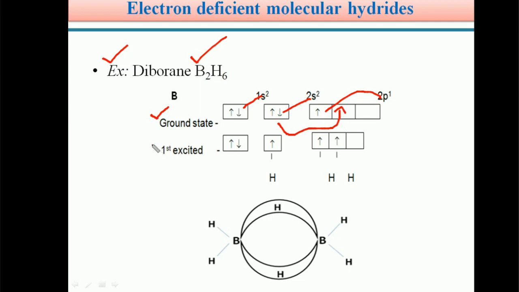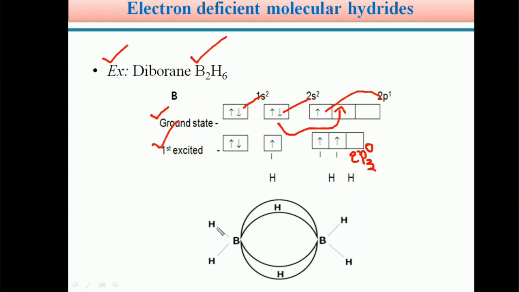As a result, the electronic configuration of boron in the first excited state is 1s2, 2s1, 2px1, 2py1, and the 2pz orbital is vacant. Therefore, in the diborane molecule, due to the availability of a vacant 2pz orbital, boron can accommodate a pair of electrons. That's why diborane is an electron deficient compound.